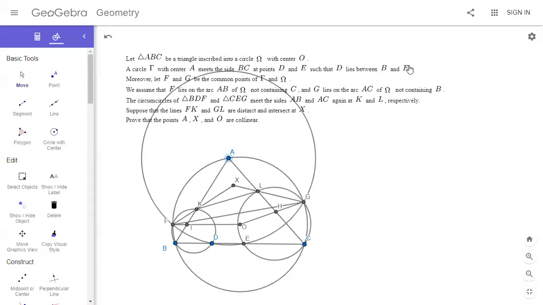XFG is isosceles. Yes. If we can prove XFG is isosceles, that would solve the problem. So do you see how to prove that? Because if we show XFG is isosceles, we've solved the problem.